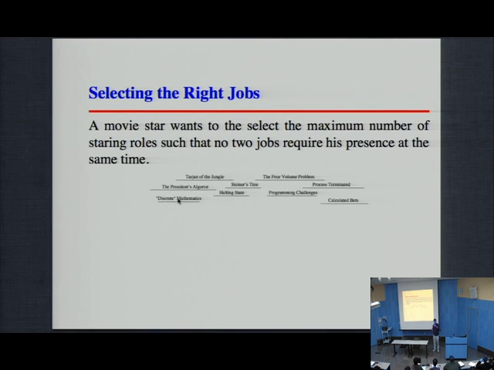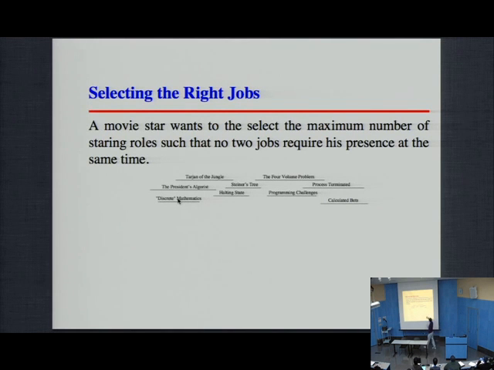So it looks like on this example, your strategy of picking the one with the fewest intersections wins, right? Everybody get the idea of what the algorithm is?